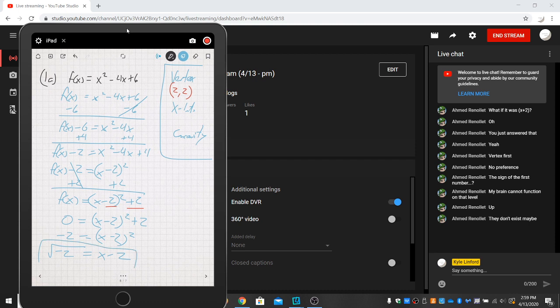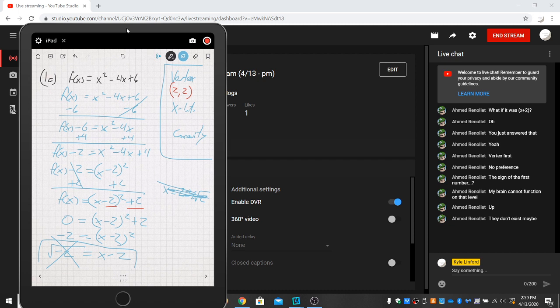As I'm doing this work, I have a negative root. So when I go to solve for the x-intercepts, I have x equals 2 plus or minus i root 2. That's a problem. I don't even need to get to this answer. I can just say right here, look, I have a negative root.